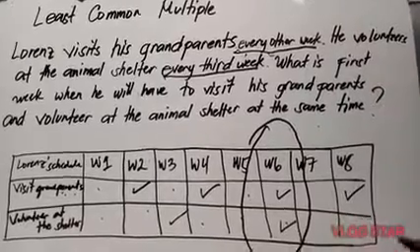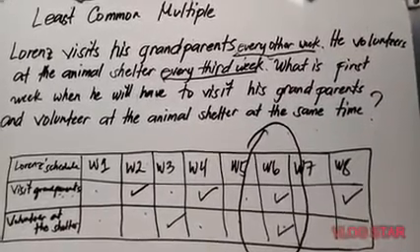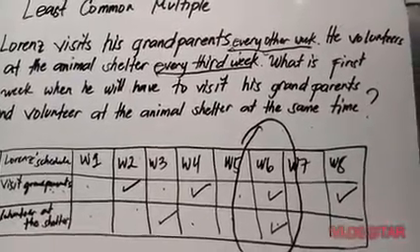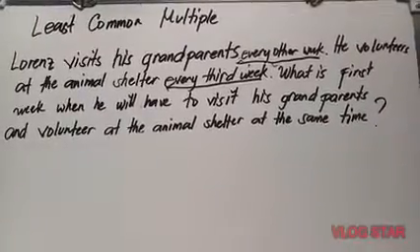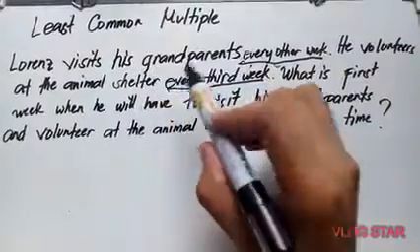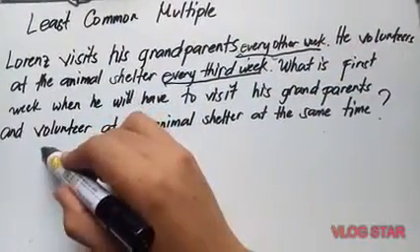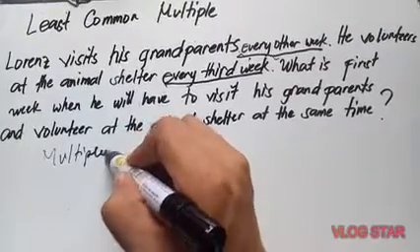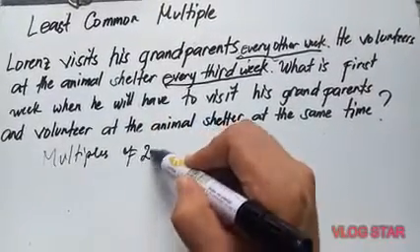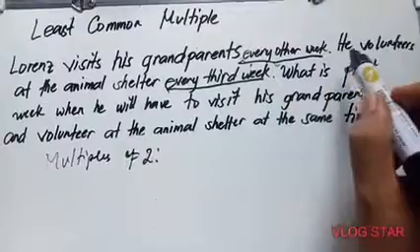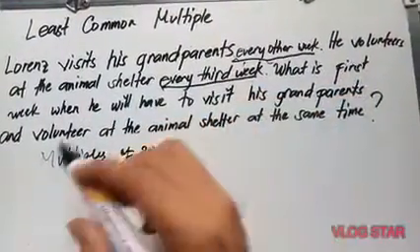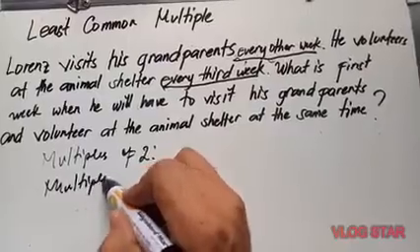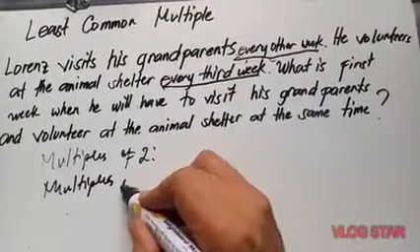But another way is by using the least common multiple. Since Lawrence visits his grandparents every 2 weeks, we'll get the multiples of 2. Then for he volunteers at the animal shelter, multiples of 3, since it is every third week.